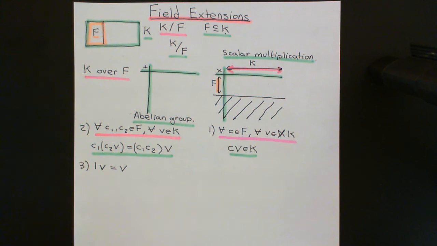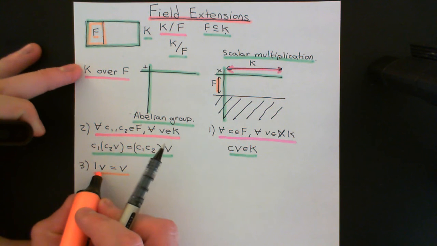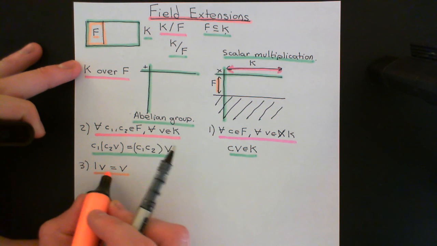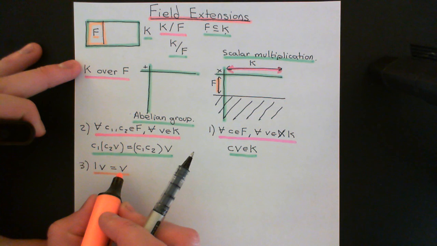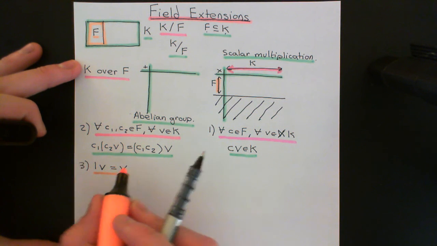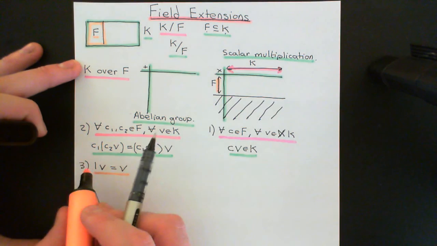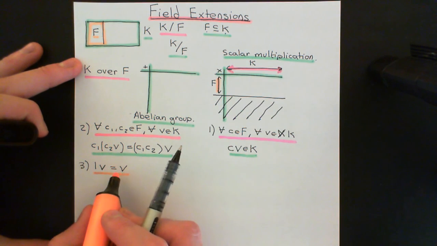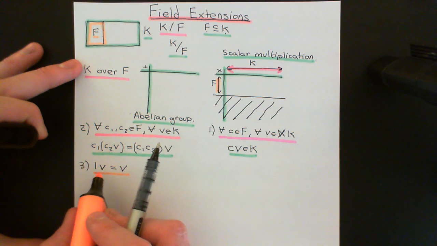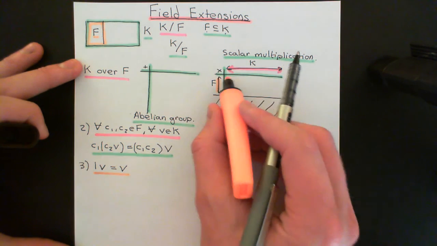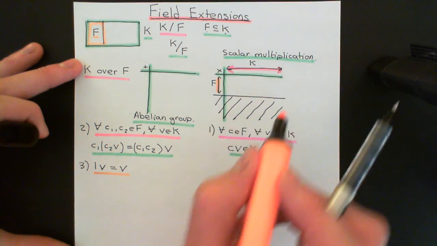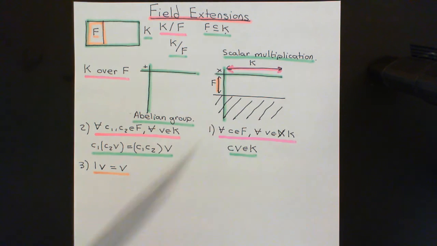Of course, when you take 1 in the field and multiply it with any element of your vector space K, you are just going to get that element back again, because 1 is the multiplicative identity in the field K, and it will multiply with anything to give that thing back again. Because the scalar multiplication table is just the restricted multiplication table on the field capital K, this is also trivial. So we can tick off this identity one.